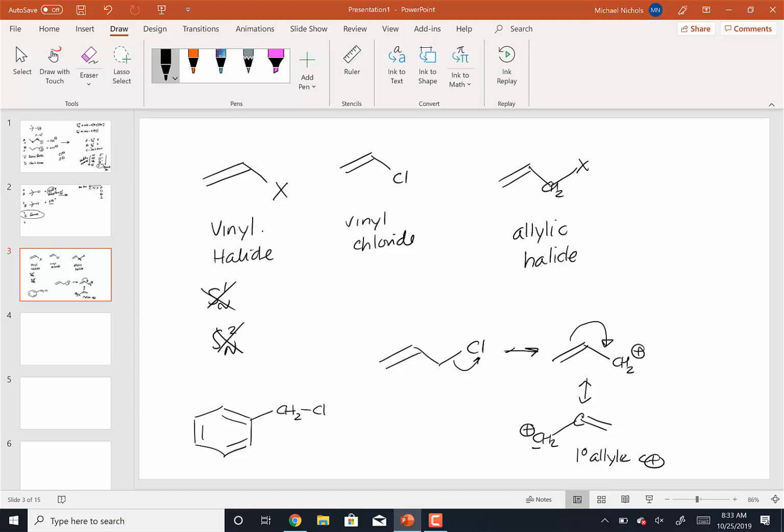The carbon that's attached to the benzene ring is what's called a benzylic carbocation. So benzylic carbocations are actually very stable as well because they have the double bonds in the benzene ring. And next semester we'll write all those resonance structures out. But benzylic carbocations are also stable. Even this one would form because it's a primary benzylic carbocation.